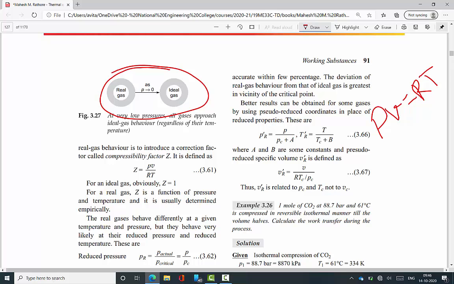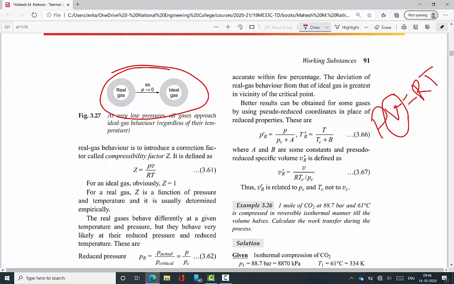This means that the overall volume occupied by the gas is not similar in ideal and real gas, because in a real gas the molecules have a certain small amount of volume. That volume must be subtracted from the total volume.